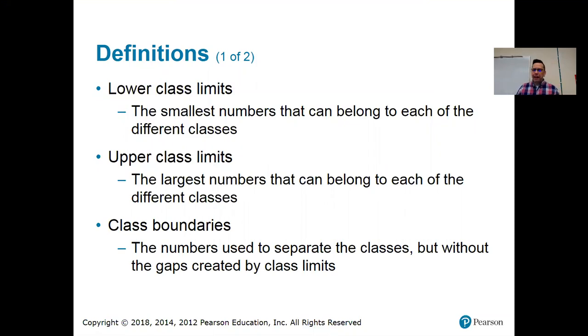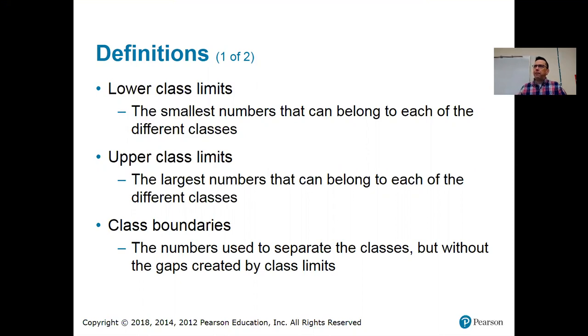And then you have your class boundaries, which are the numbers used to separate the classes, but without the gaps created by class limits. So in the example that we were just talking about, I would put the boundary between an A and a B at 89.5.